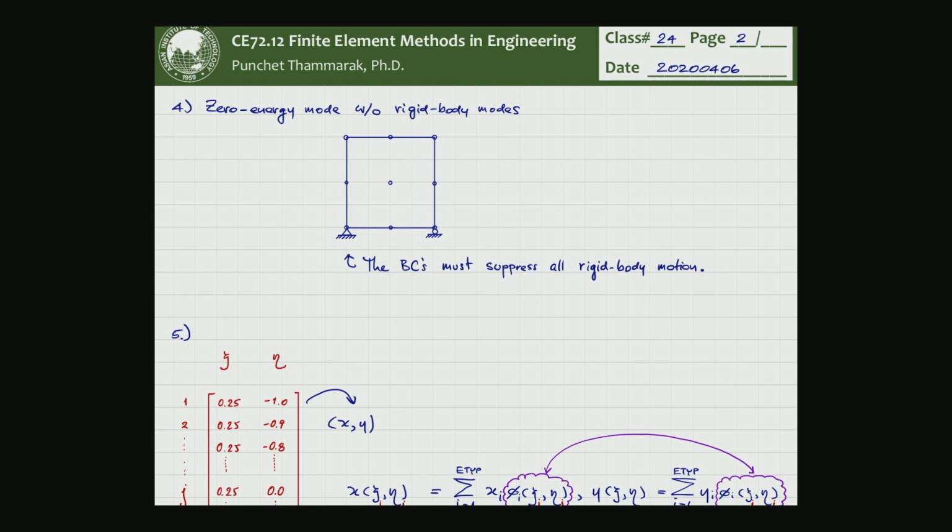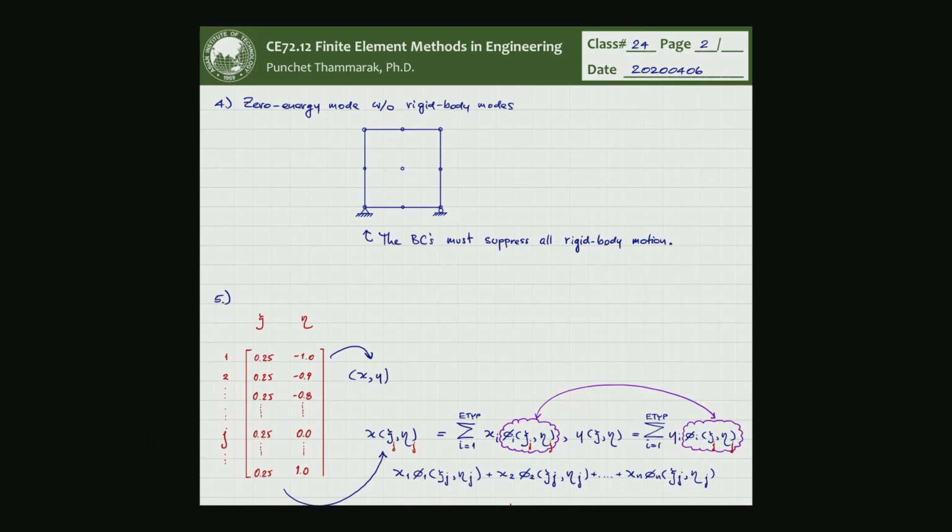Then I want you to do number 4. I want you to enforce the boundary condition. The way you enforce the boundary condition, don't do Lagrange multiplier.